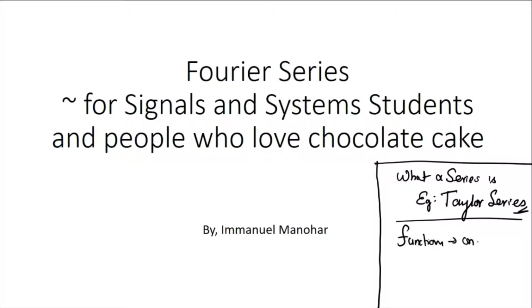especially one-dimensional functions. So these are all functions with just one independent variable. This is called the independent variable.